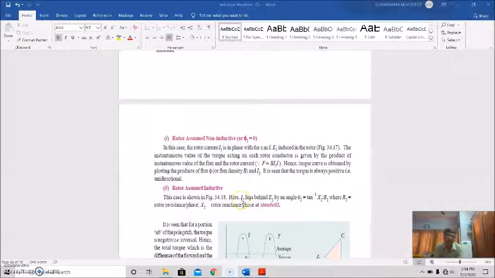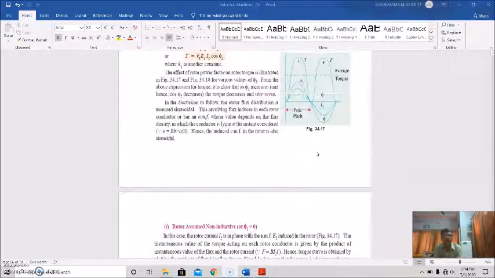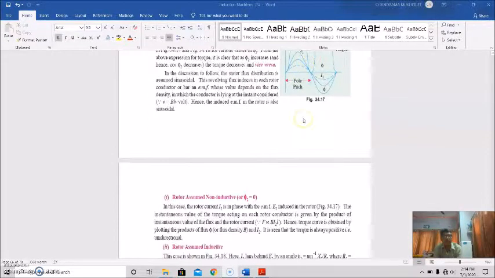The instantaneous value of the torque acting on each rotor conductor is given by the product of the instantaneous value of the flux and the rotor current, that is, F is proportional to B I2 L. Hence the torque is obtained by plotting the product of flux density B and I2, and the torque is always positive in any direction, as shown here. The product is always positive.